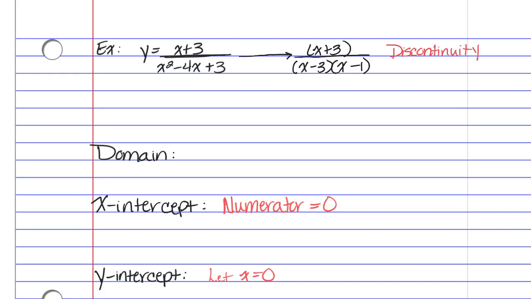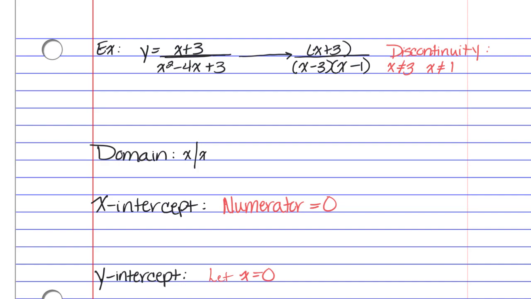because I have a denominator, and I have a discontinuity at x cannot equal positive 3 and x cannot equal positive 1, because those two values, when inputted into the denominator, are going to give me a value of 0, and you can never have a 0 in the denominator. So that affects my domain.